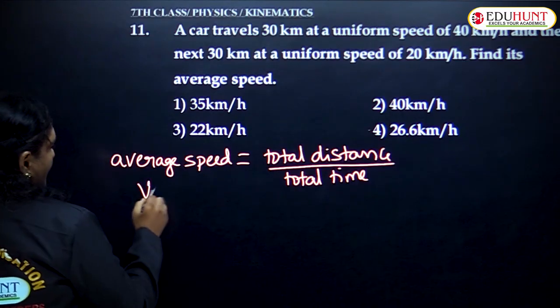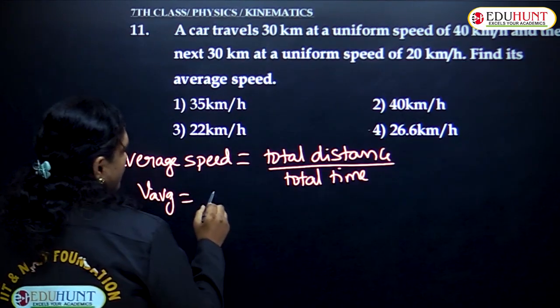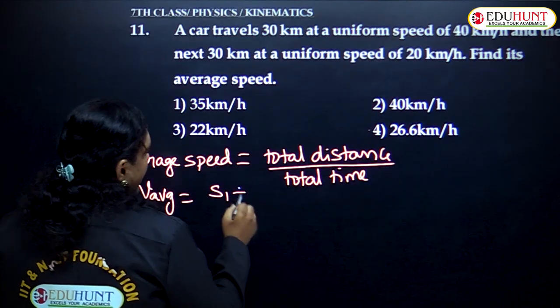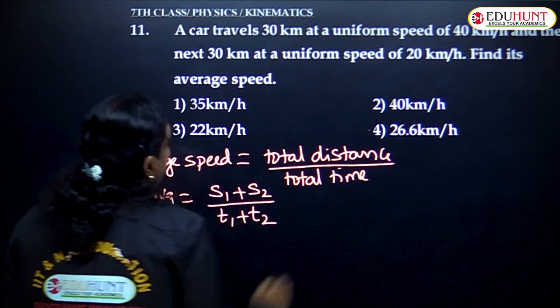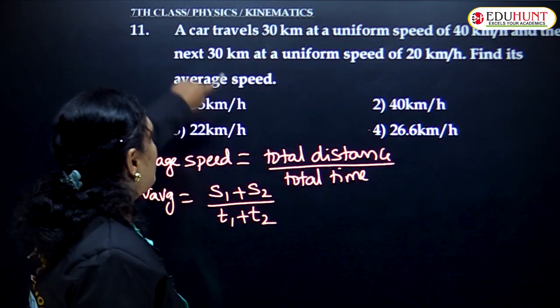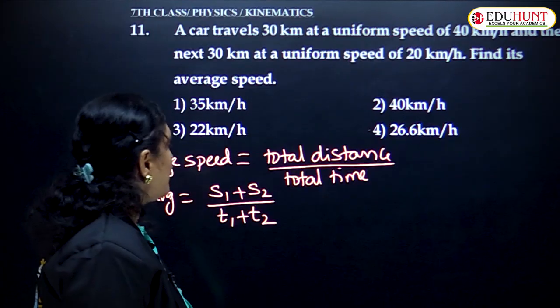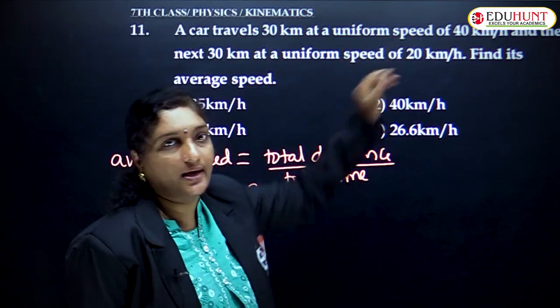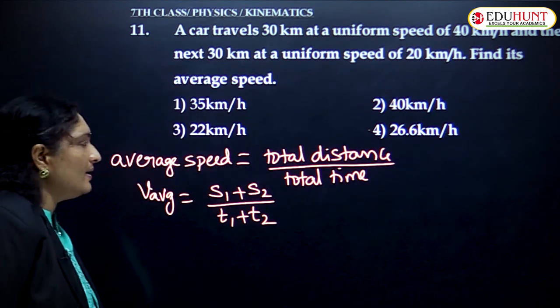So, the average speed symbolic notation is like this. For 2 different intervals, I can write it as total distance, S1 plus S2, by T1 plus T2. Have they given S1? Yes, they gave us 30 kilometers. Have they given S2? Yes, it is also given as 30 kilometers. Whereas they haven't given T1 and T2. Instead of that, they have given us speeds V1 and V2.